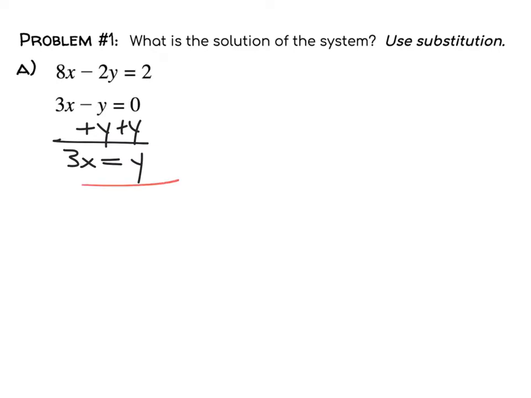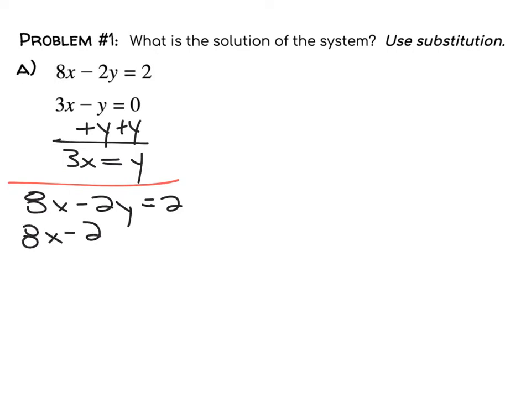Okay? So now that we've done that, we then take the other equation, 8x minus 2y, sorry about that, equals 2. And we're going to substitute for y, we're going to put 3x in because that's what y is equal to.